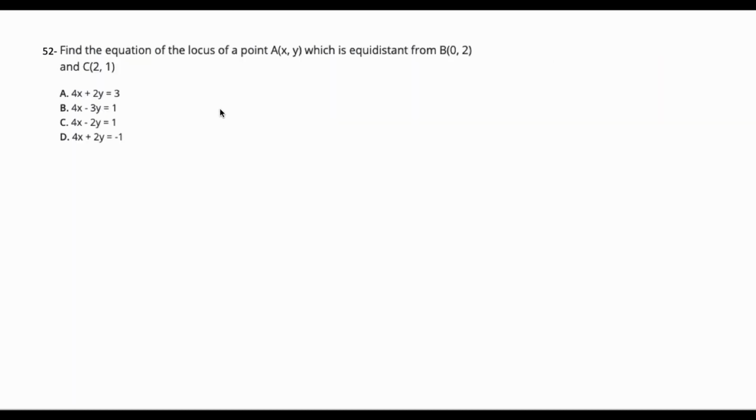So question 52 says, find the equation of the locus of a point A with coordinates x, y, which is equidistant from point B with coordinates 0, 2, and C with coordinates 2, 1.